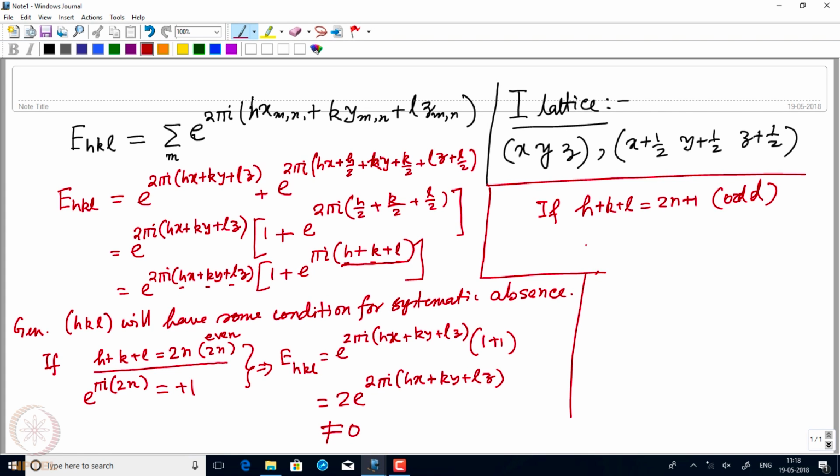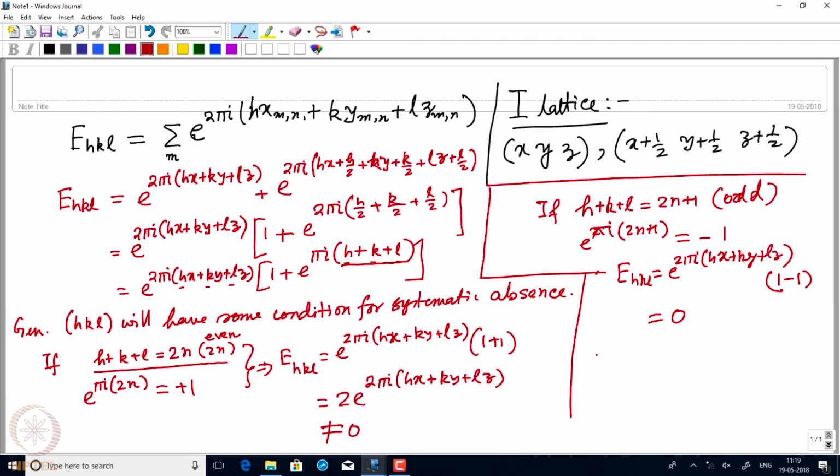Then e to the power pi i (2n plus 1) is going to be minus 1. So that means EHKL is going to be equal to e to the power 2 pi i (hx plus ky plus lz) into (1 minus 1), which is equal to 0.